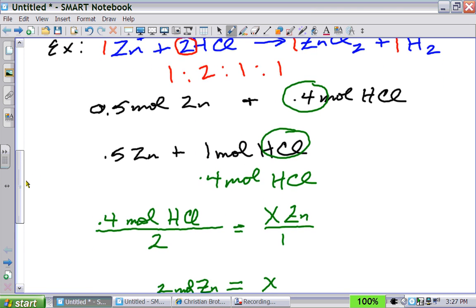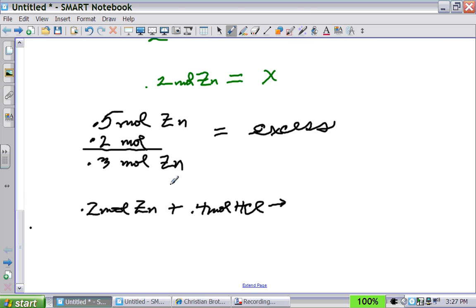So it's going to be a 1-to-1 molar ratio. So we're going to produce 0.2 moles of zinc chloride and 0.2 moles of H2.